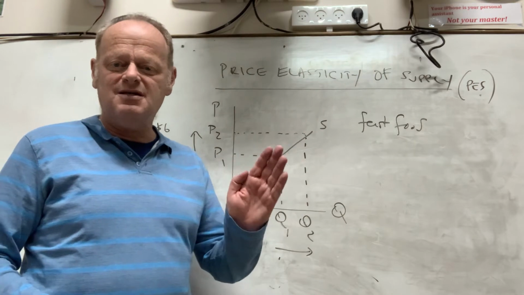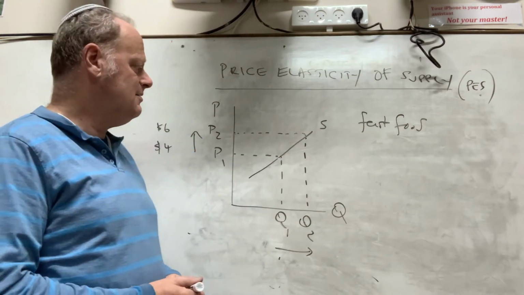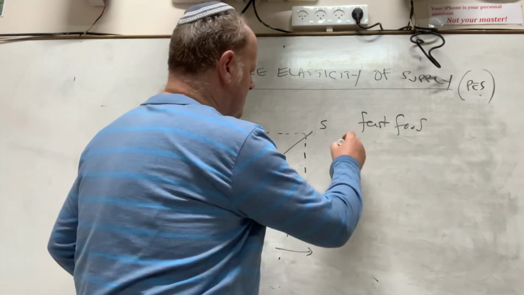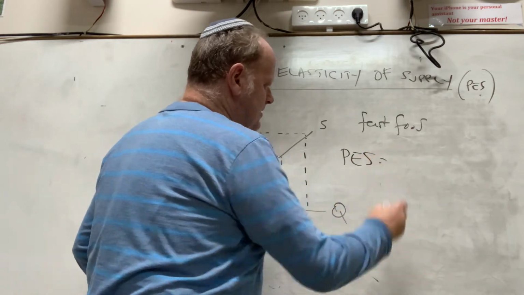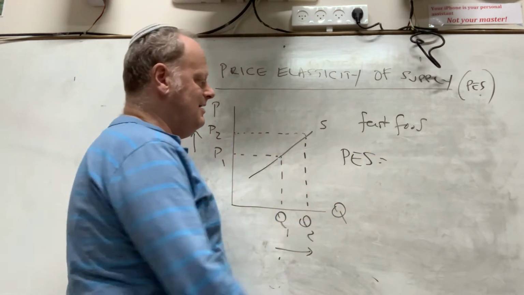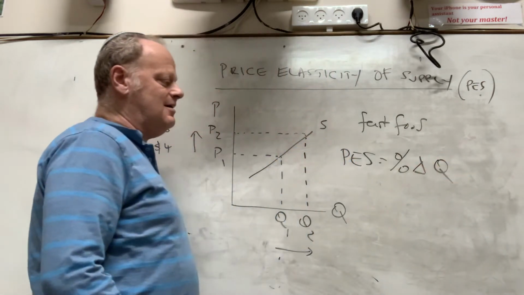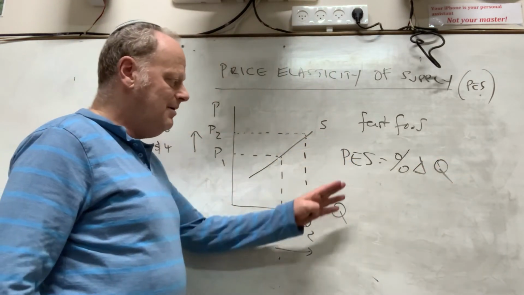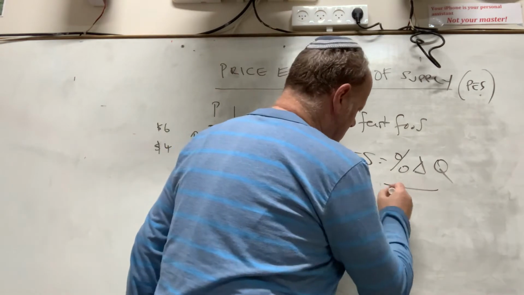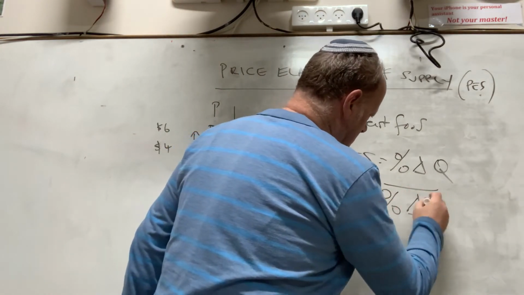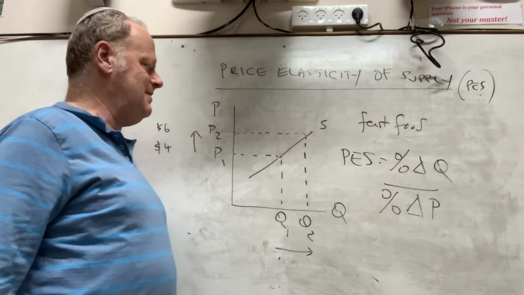So let's express this mathematically. We said that PES is like PED. It's the percentage change in quantity, so far exactly the same as PED, divided by the percentage change in price, also the same as PED.